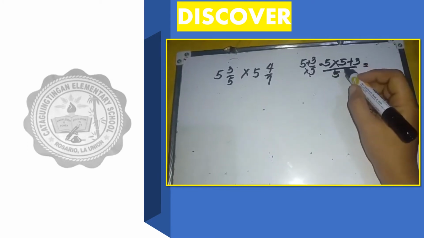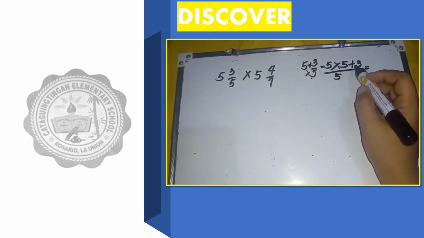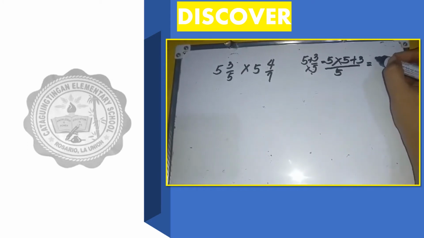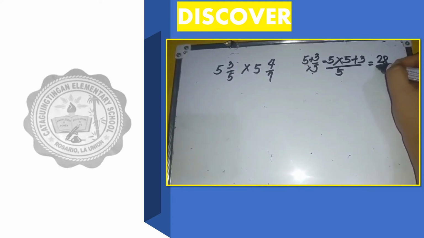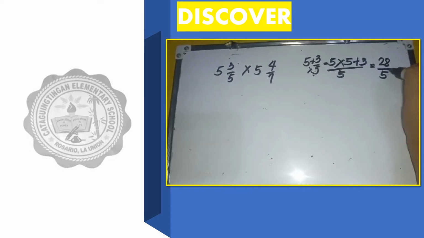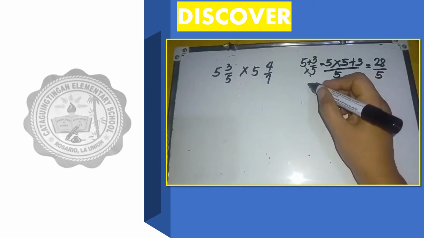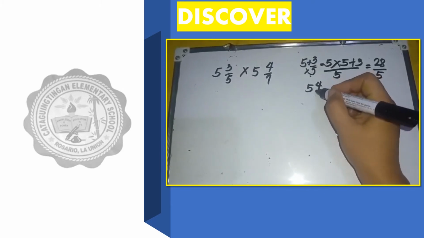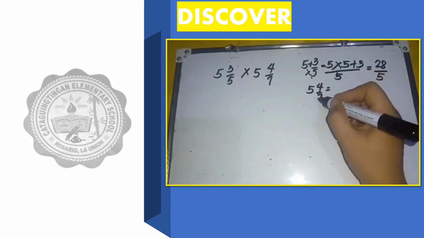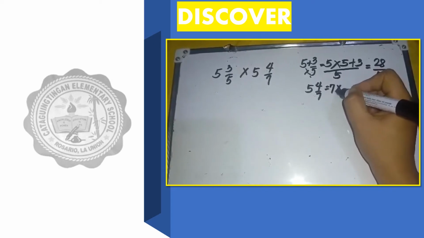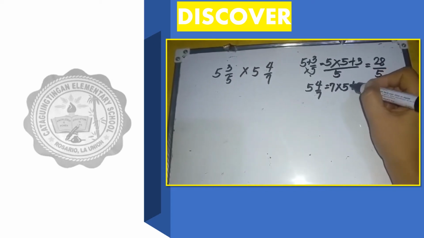5 times 5 is 25, plus 3 is 28. Let us copy the denominator. Another is 5 and 4/7. So, let us change. So, 7 times 5 plus 4.